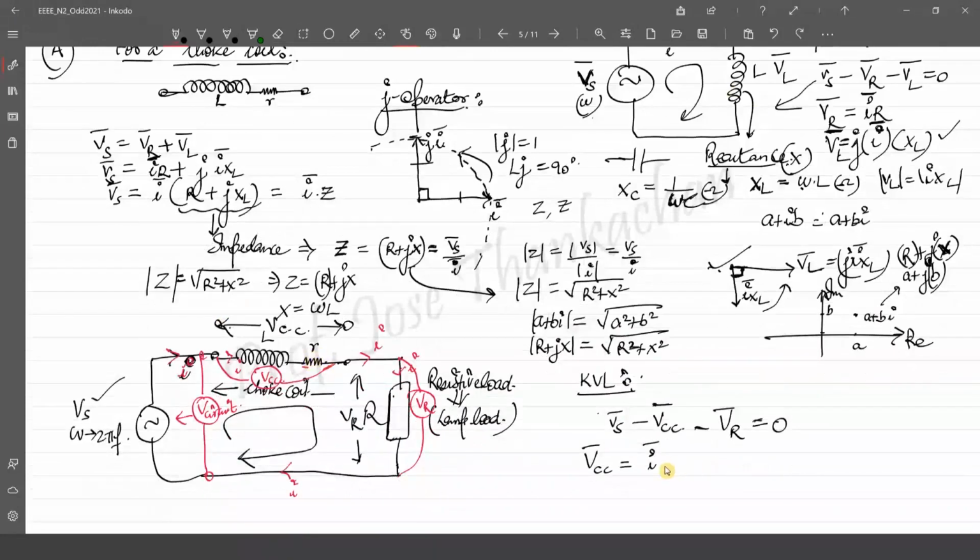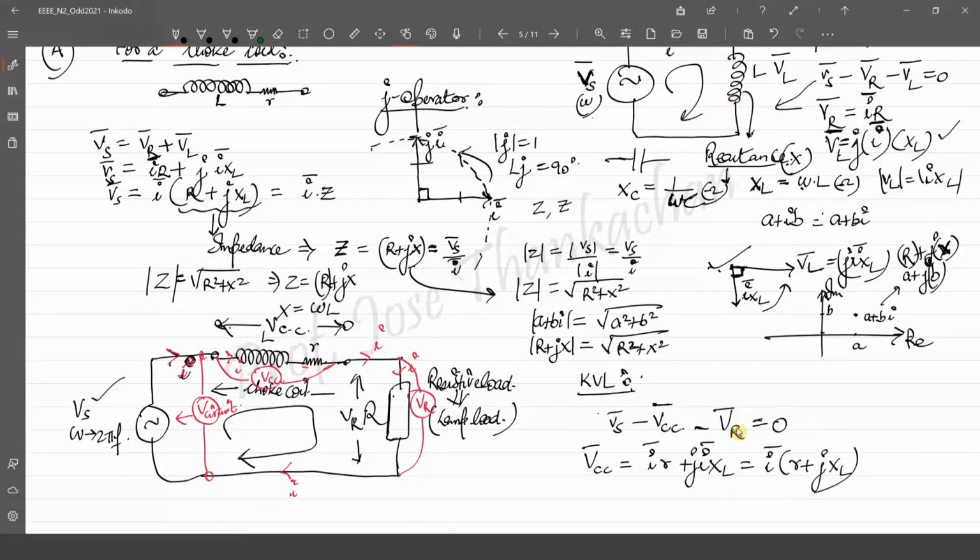I can separately write these terms: I into small r, plus the same current I flowing through the inductor. For the inductor, voltage across it and current flowing through it are 90° out of phase. So I can say this is J times I into XL. This is only for the choke coil with small r and capital L. If I take I common, I can write small r plus J times XL.